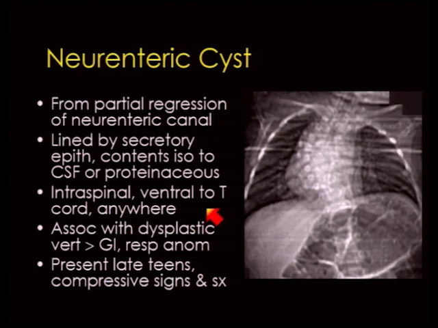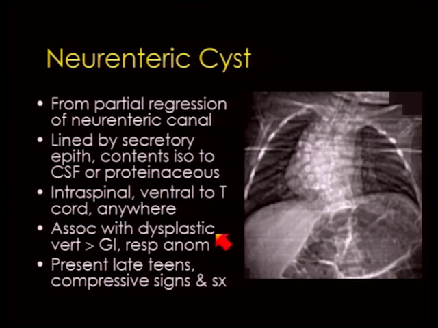These tend to be intraspinal. They're often ventral to the thoracic spinal cord, although they can be anywhere along the neural axis. And you'll note that when I was talking about the lesions associated with primary neurulation, we were almost exclusively talking about lumbosacral lesions. The majority of these lesions associated with gastrulation issues, we're frequently going to be talking about thoracic or cervicothoracic abnormalities.